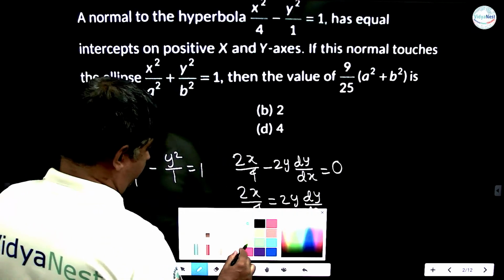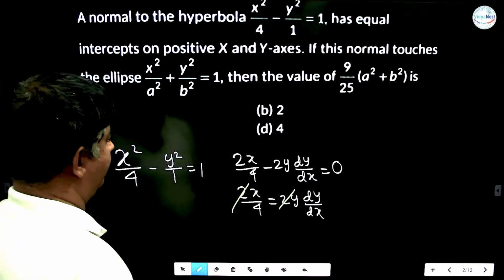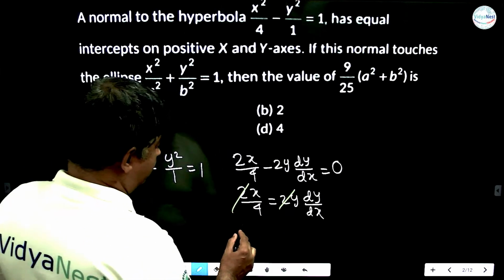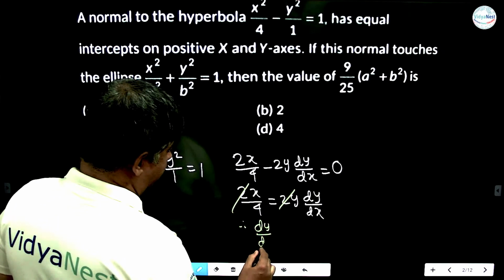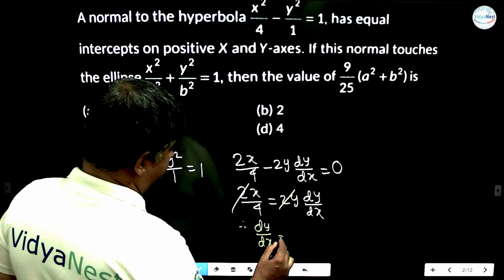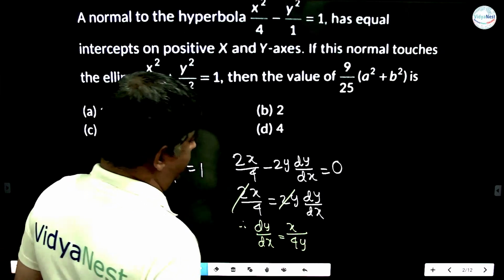Now 2 cancels. So what is dy/dx? x by 4y.